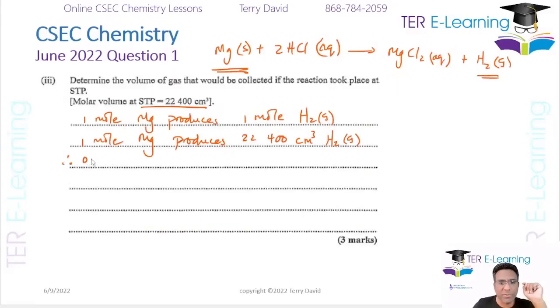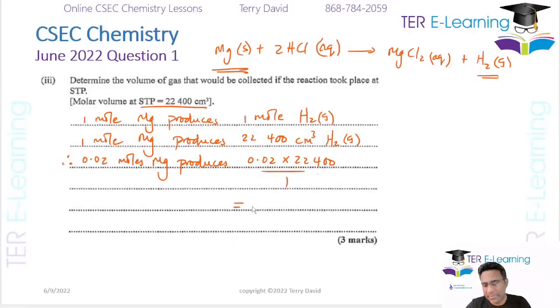So 0.02 moles Mg produces, and I'm going to cross multiply again. So it's going to be 0.02 multiplied by 22400 all over 1, and I'm going to get 448 cm3. And that's it there for 3 marks.